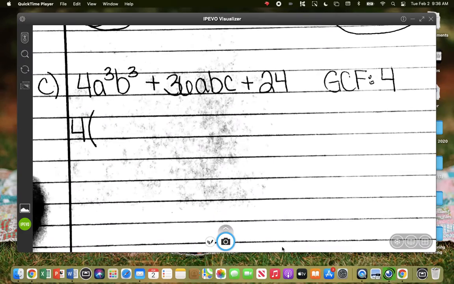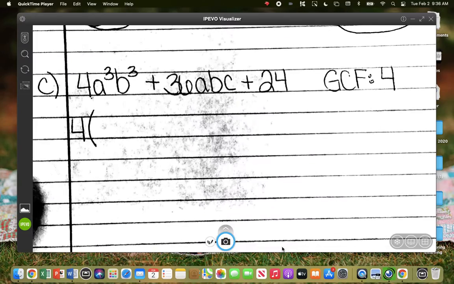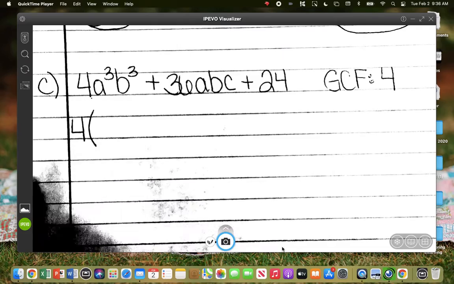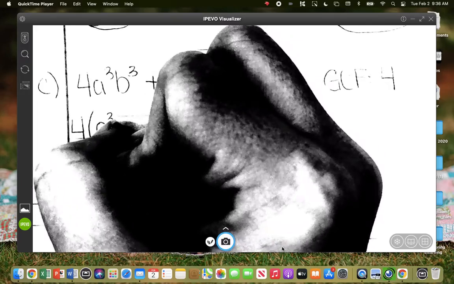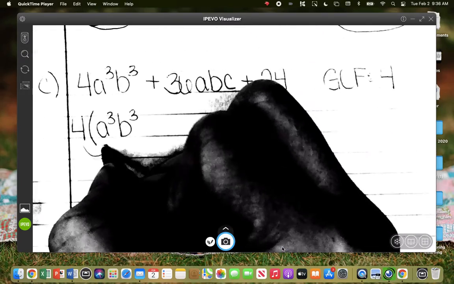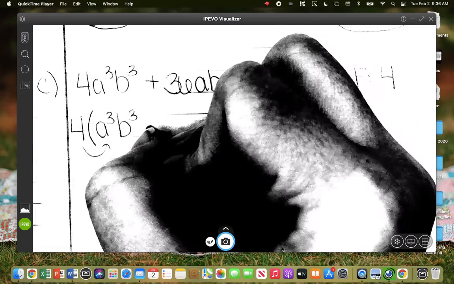And so to find out what's left, we're going to divide every single one of these by 4. So the first term, if I divide by 4, my coefficient's going to be 1. So then that's going to leave me with an A cubed and a B cubed. Because if I distribute that I would get that original. All right, so then what's my middle term going to be?